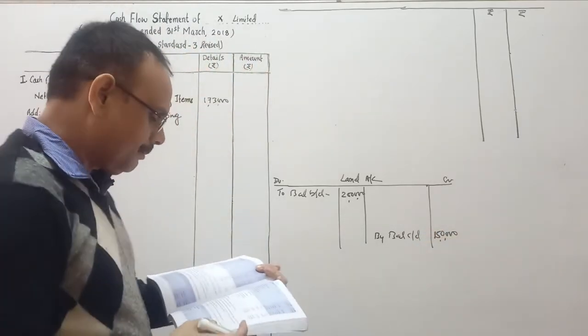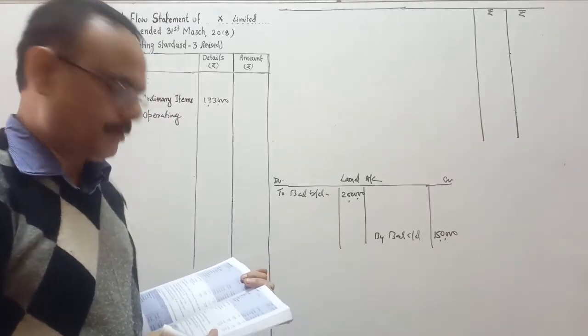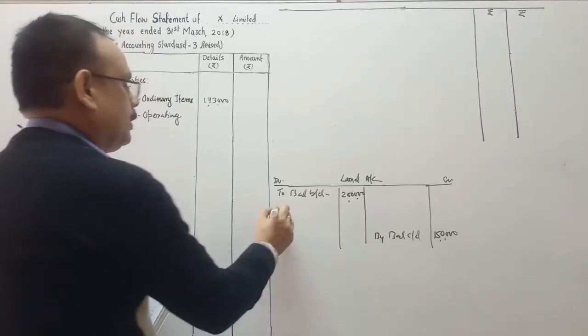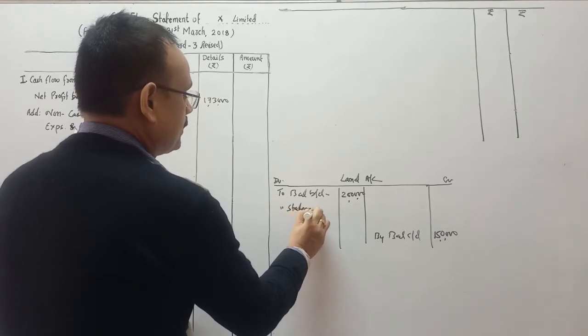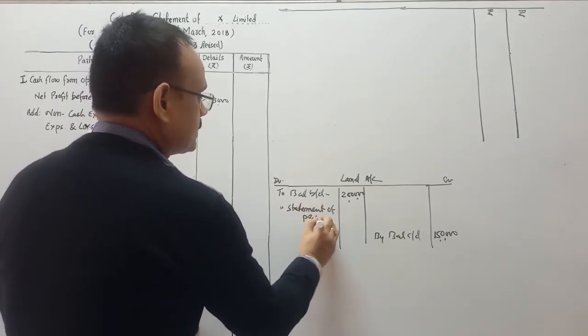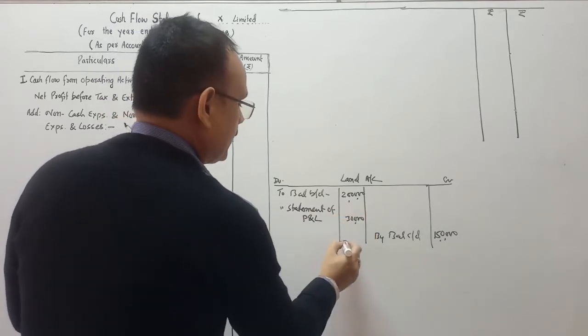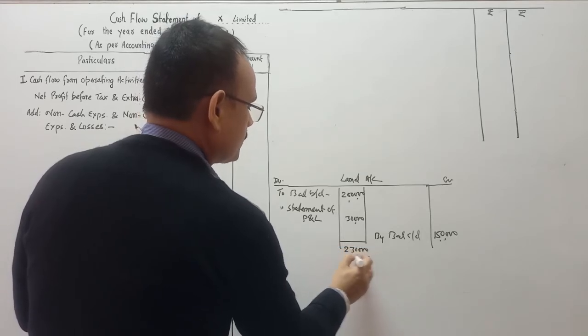And if you see additional information number 2, land was sold at a profit of 30,000. When the land was sold at a profit of 30,000, we will write it over here, statement of P&L, 30,000. It's a profit. It means land is sold at which value?